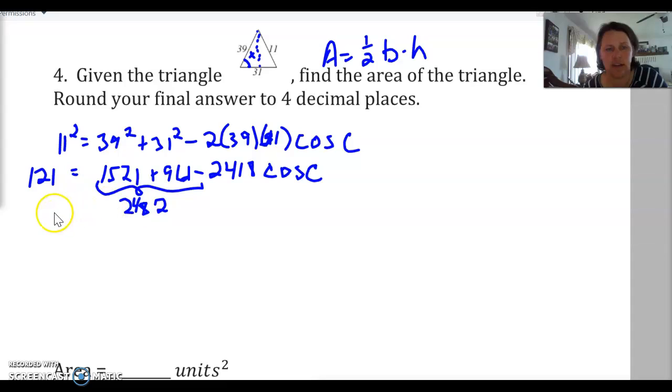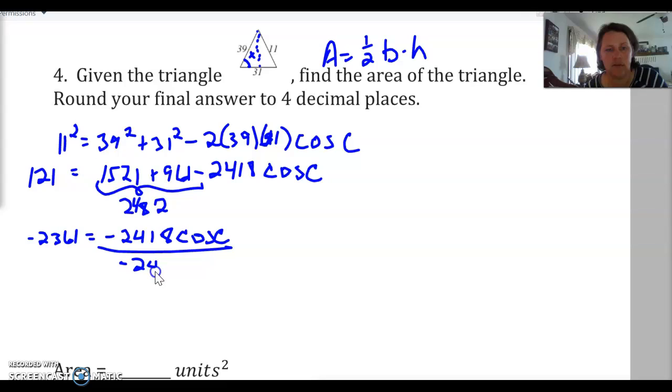And then subtract that 2482 from both sides. And then you should have negative 2361 equals negative 2418 cosine of C. And then divide both sides by that negative 2418.